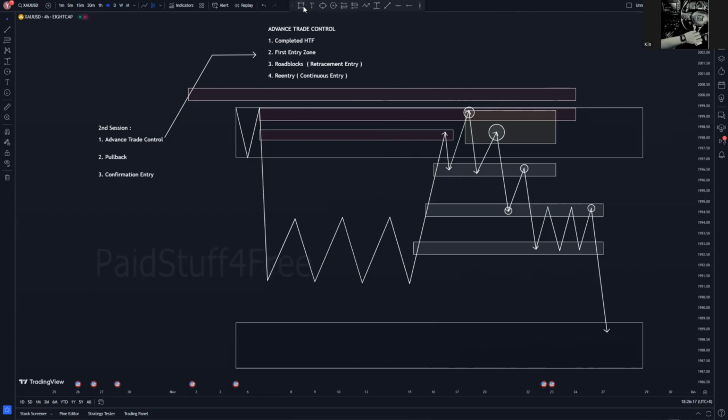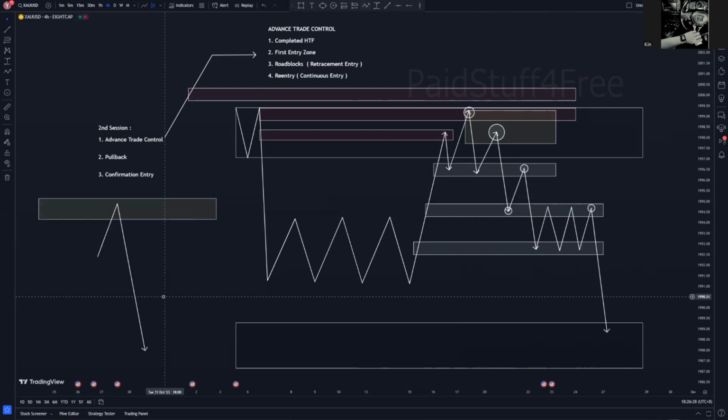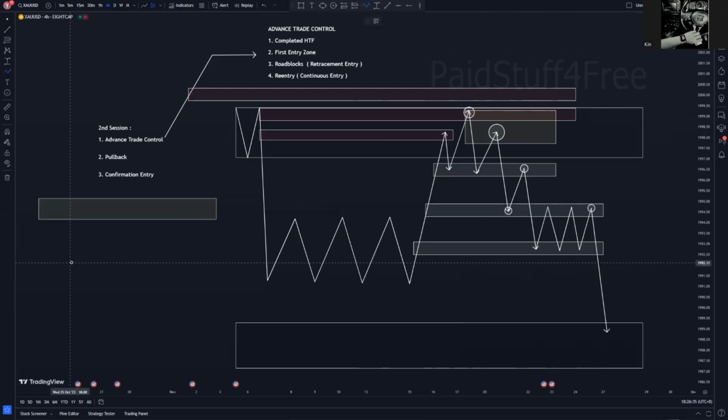For example, you have this sell zone somewhere around here. You don't need to worry if the price gets into the zone, creates a shadow like this, and then goes down. We don't need to worry about that, because we are going to focus on the current market price, and at the current market price we look for the confirmation entry. We need to focus on the current market price by looking for the confirmation entry.